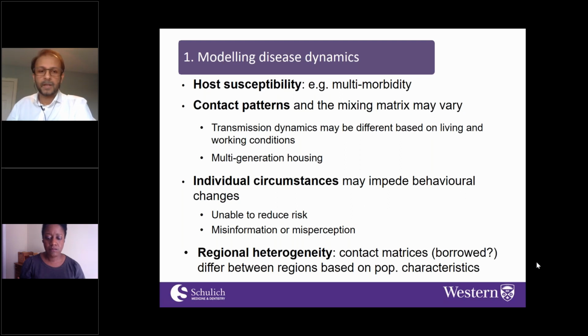Similarly, if we look at multi-generation housing, which is way more common in developing countries and also common in certain social groups living in more developed economies, those individuals are sometimes at higher risk of exposure, because even if one person in your multi-generation house is going out for work or for different reasons, they may be bringing that risk of infection back home with them.